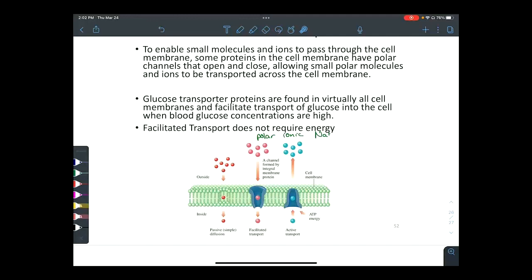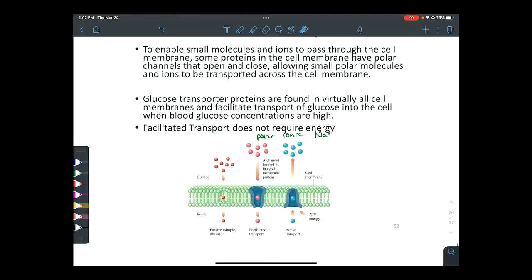Once you have a channel, you can allow molecules to go through that channel if, let's say, you're moving a glucose molecule from a high concentration to a low concentration. That will happen naturally through diffusion, but you need the channel to do it. So that's called facilitated transport, where you have a channel. Diffusion will allow those glucose molecules to pass right through.